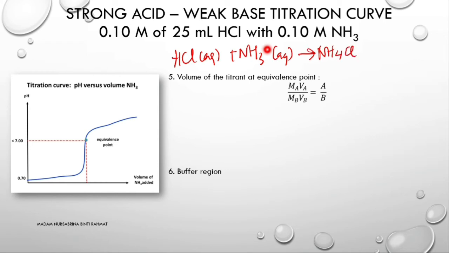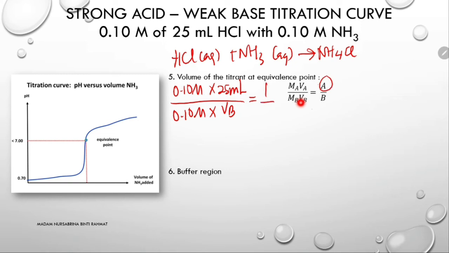The molarity of the acid is 0.10 molar times the volume of the acid, which is 25 milliliters, over the molarity of the ammonia, which is 0.10 molar, and the volume of NH3 to be found. The stoichiometric coefficient of the acid is 1 over NH3 is 1. With cross multiplication, you will get the volume of base required to be 25 milliliters.